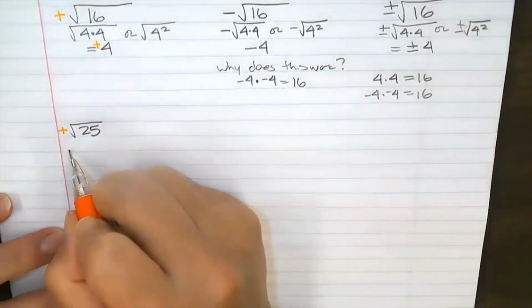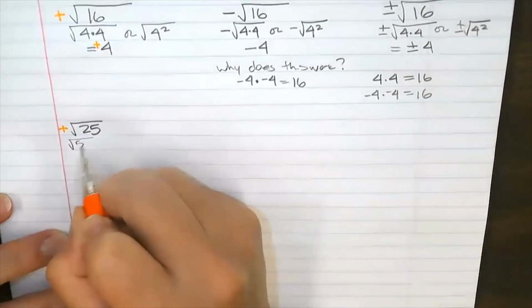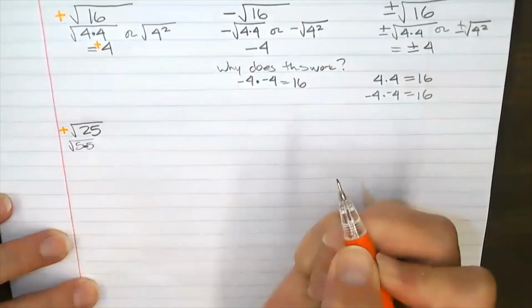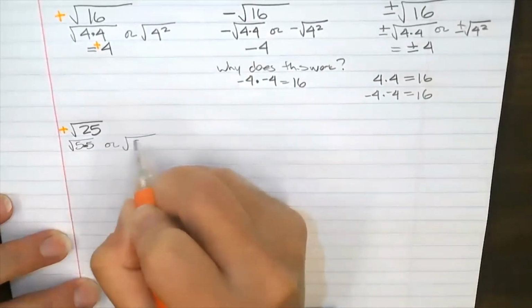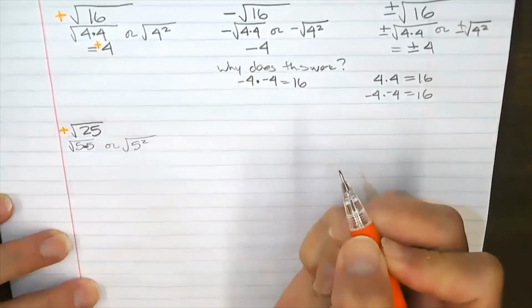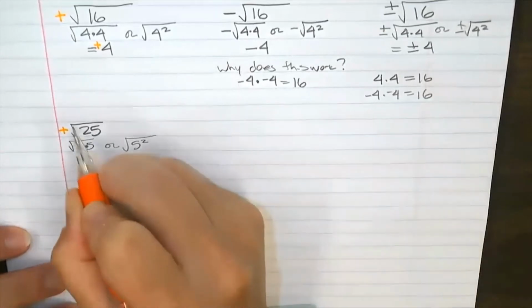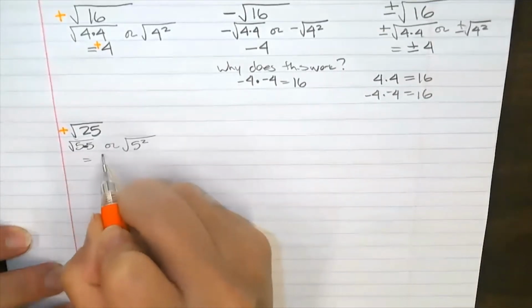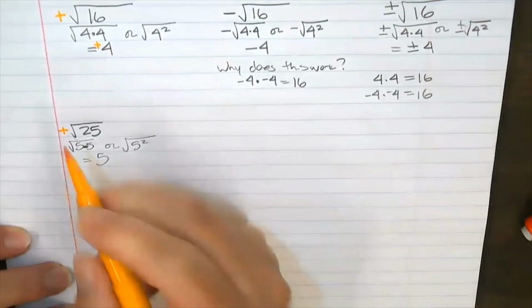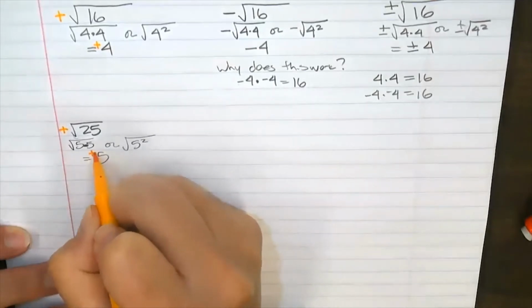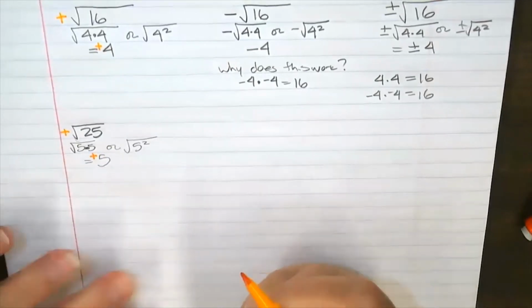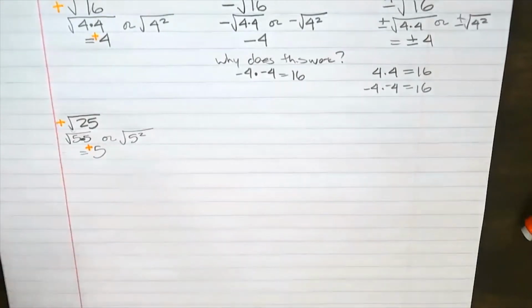So I know 5 times 5 equals 25, or 5 squared equals 25. So the square root of 25 is equal to 5. And that invisible positive is there, it's just invisible.